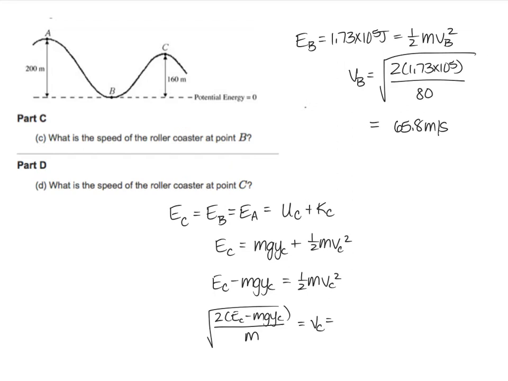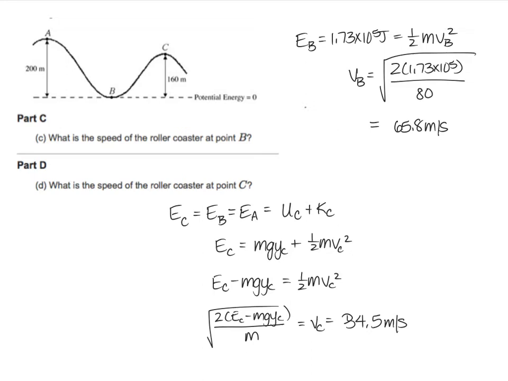And so we could just substitute in here. So I've rearranged this all in one step to solve for the velocity at C. First thing, I would multiply the whole thing through by 2, divided by the mass, and then took the square root. And our speed ends up to be 34.5 meters per second.